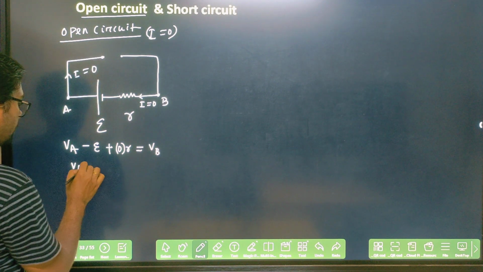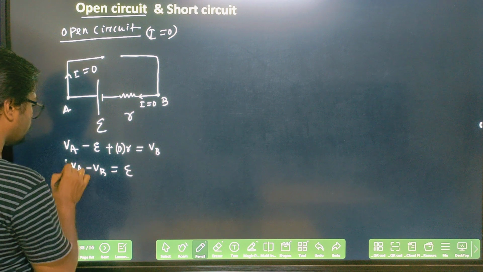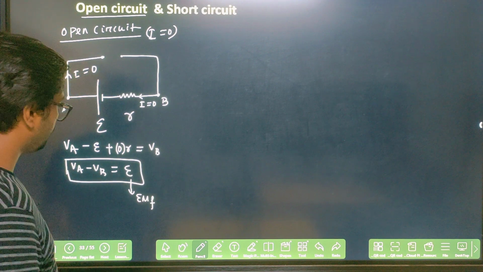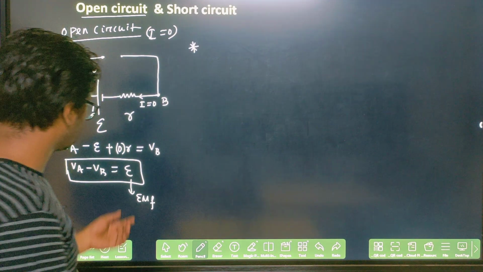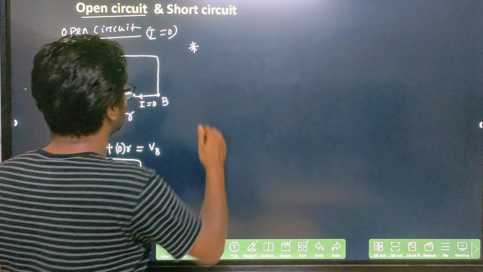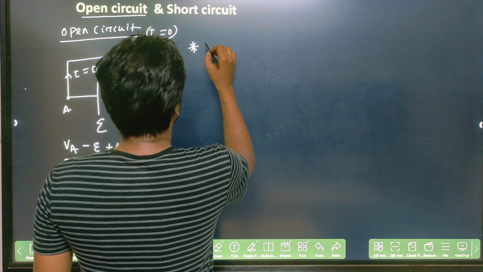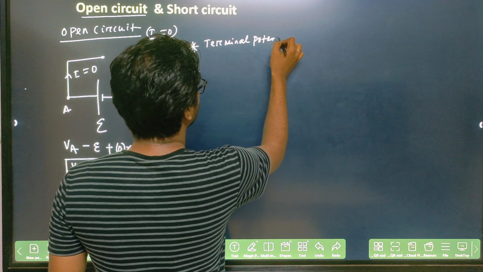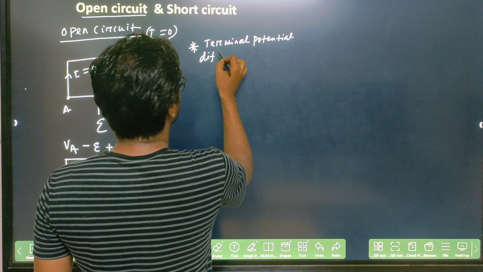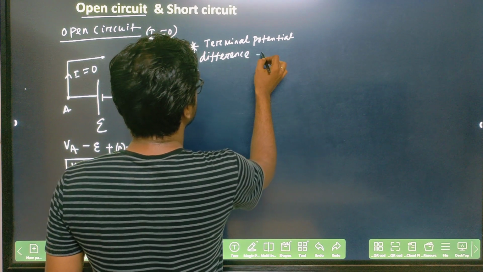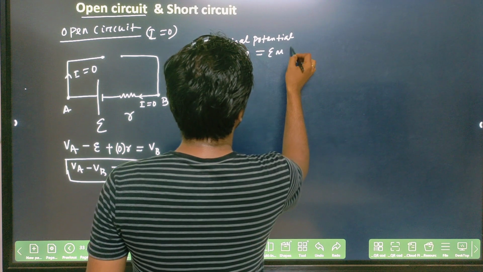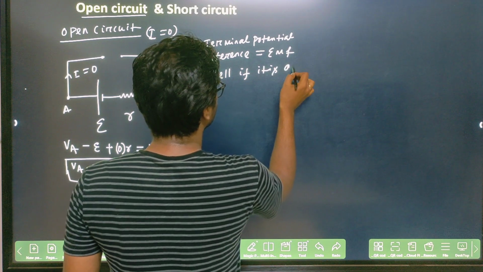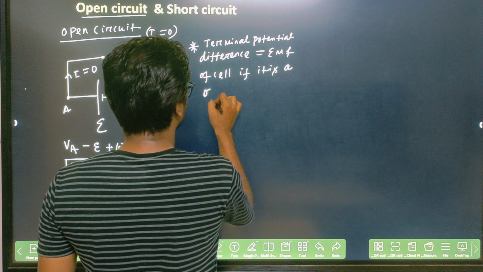So you can say VA minus VB equals E, which is the EMF of the cell. Now you can say that the terminal potential difference is equal to the EMF of the cell if it is an open circuit.